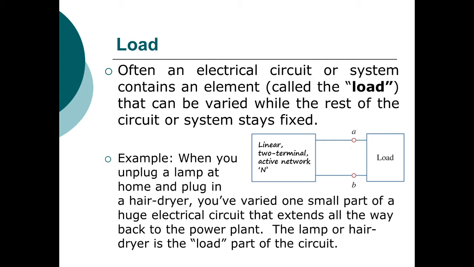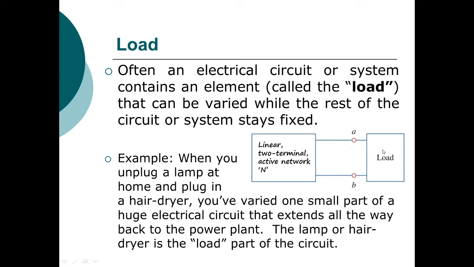So here we can see in this figure a linear two-terminal active network, which has two terminals. These two terminals are used for connecting a load. This load can be our hair dryer, or our mobile charger with the mobile.